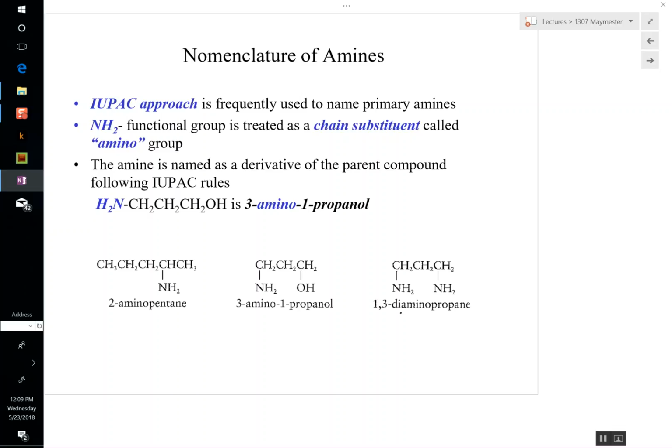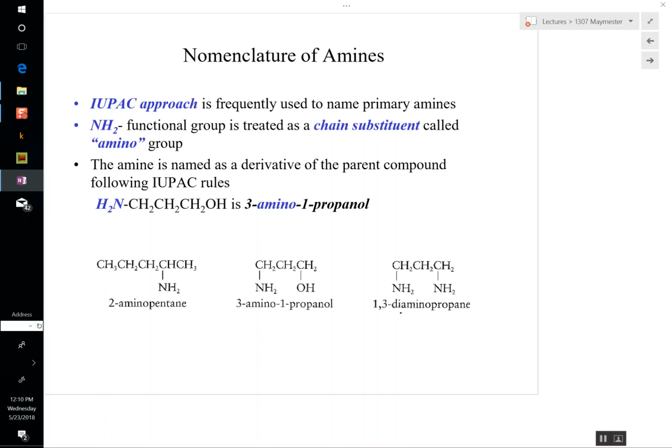I talked with Dr. Nair this morning about it, and he said you'll see them both ways. So, to clarify, the OH is always going to take priority in the numbering of the carbons.